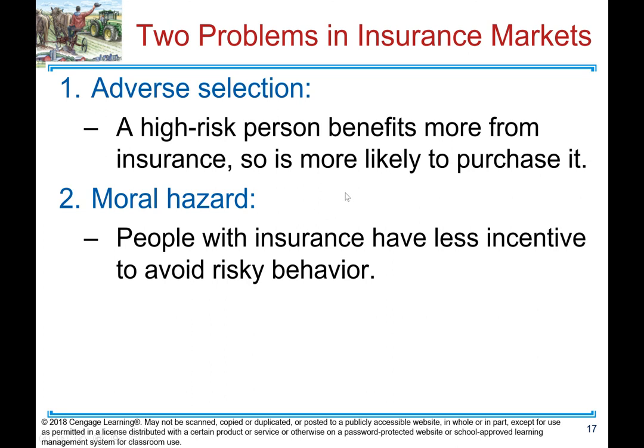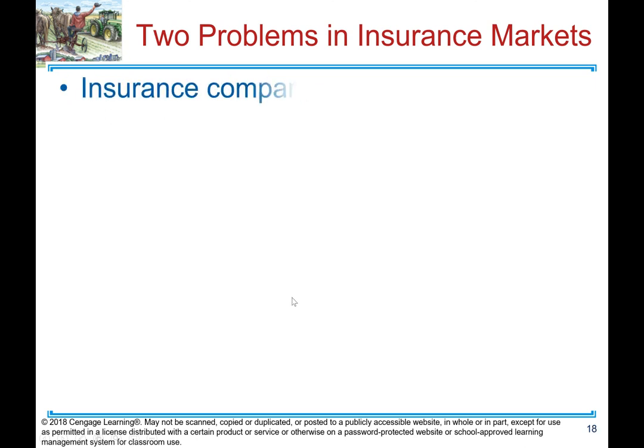Two problems in insurance market. One is adverse selection, two is moral hazard. Adverse selection: a high risk person benefits more from insurance, so is more likely to purchase it. So the insurance company is faced with choosing from a pool that is already risky. A moral hazard is a situation where people with insurance have less incentive to avoid risky behavior.